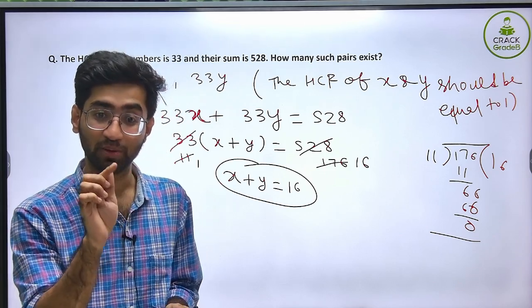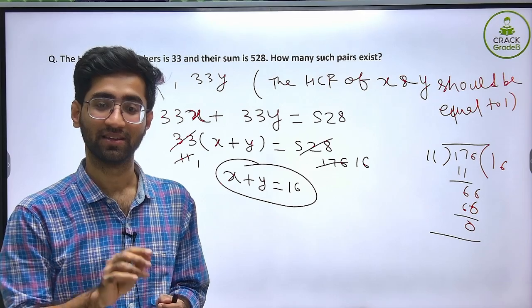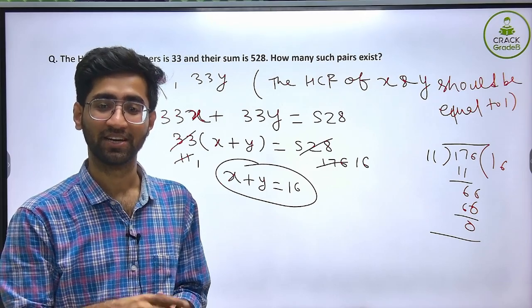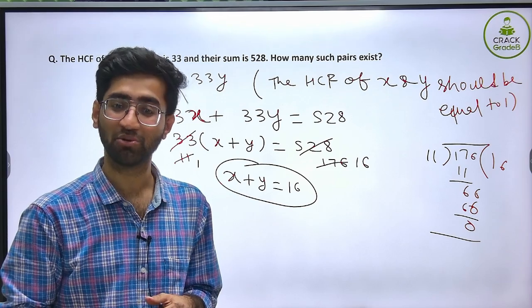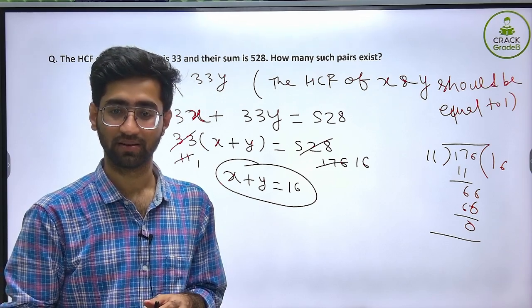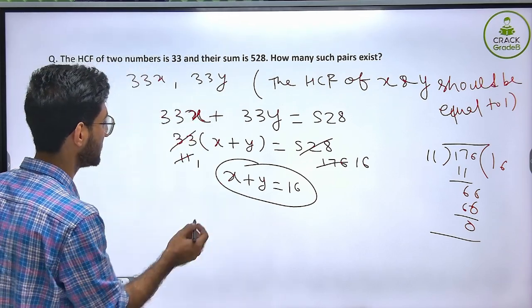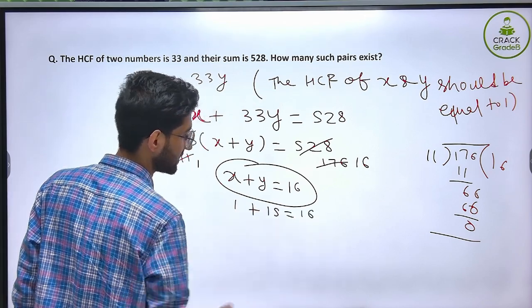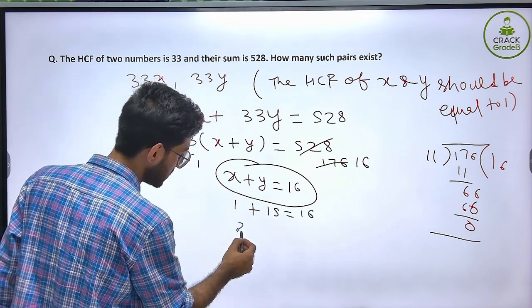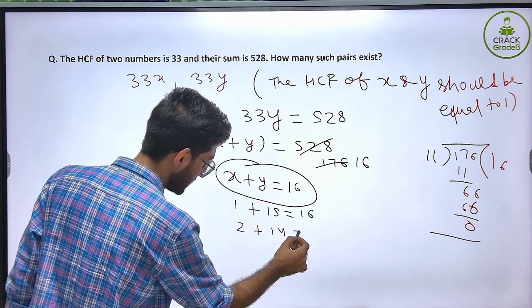So we were assuming 1 plus 2 is 3, 3 plus 0 is 3, 2 plus 1 is 3. We were assuming in that way, right? So basically x plus y is 16. So you can say 1 plus 15 is equal to 16. Now you can say that 2 plus 14 is 16.